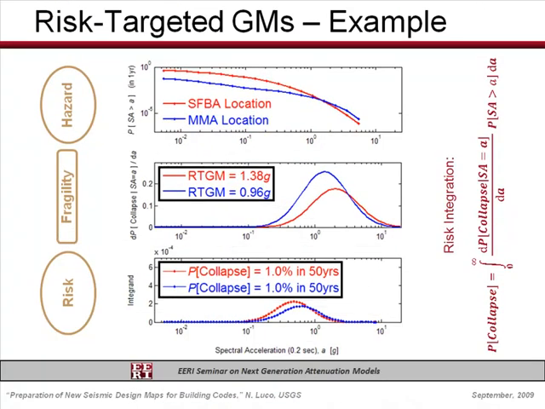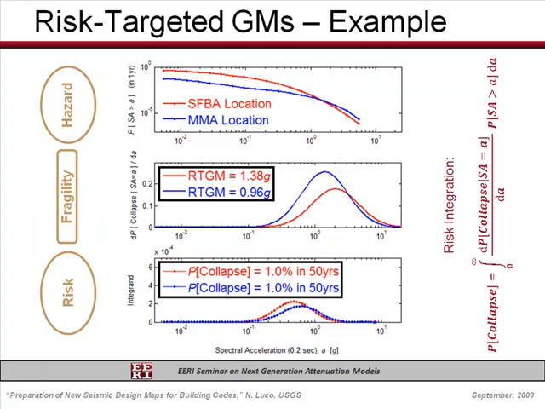And finally, we find that if we set the risk-targeted ground motion, the ground motion we will use for design, right now sort of ignoring the deterministic ground motion part that we'll come to later, if we use 1.38 for design in San Francisco and 0.96 for design in Memphis, we get, in both places, a 1% chance of collapse in 50 years.